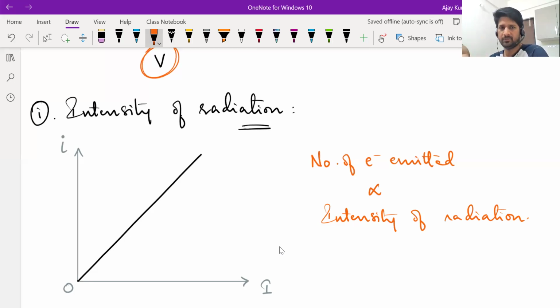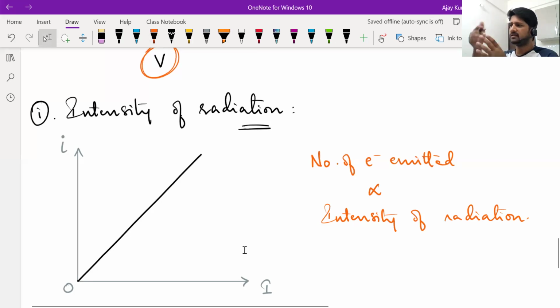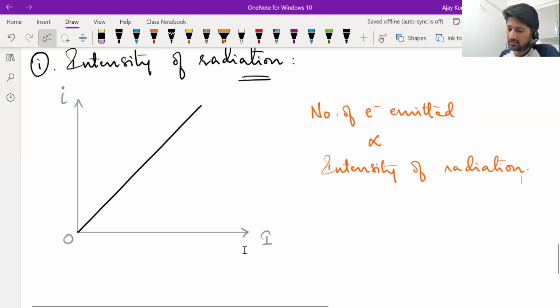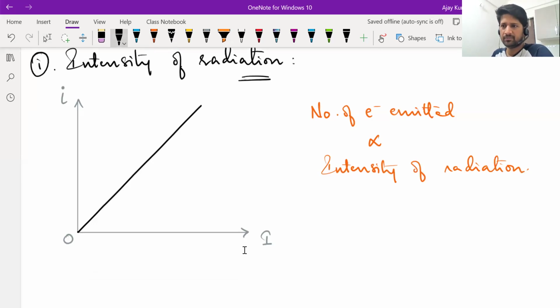Then they repeat the experiment by fixing another frequency, a higher frequency or a lower frequency, and varying intensity again. So they performed experiments at different frequencies. Fixed frequency, varying intensity, another fixed frequency, varying intensity. That is how they did the experiments. They found that below a certain minimum frequency, no photoelectric emission was observed, irrespective of how much the intensity is.